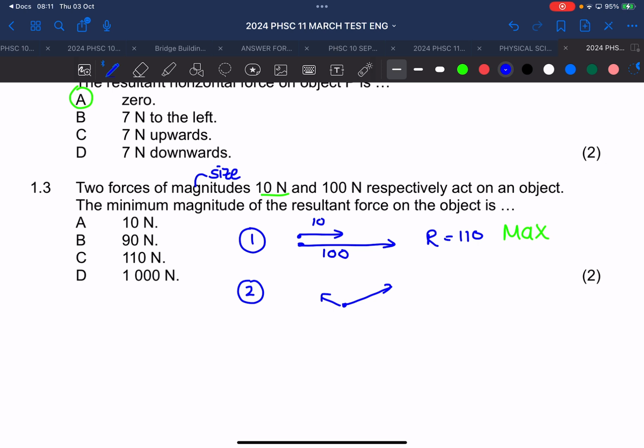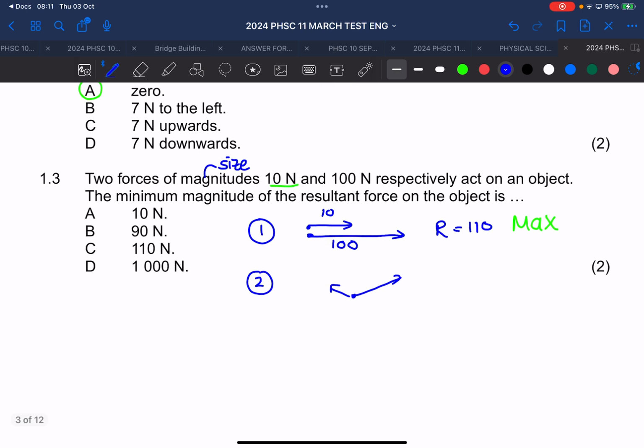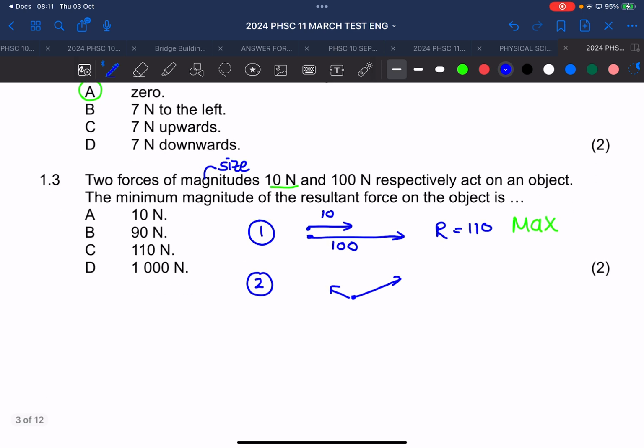Okay, then it can be anything, because the angle will determine the resultant force. If the angle is like this, it will be something else. Okay, so we don't know the value what it will be.